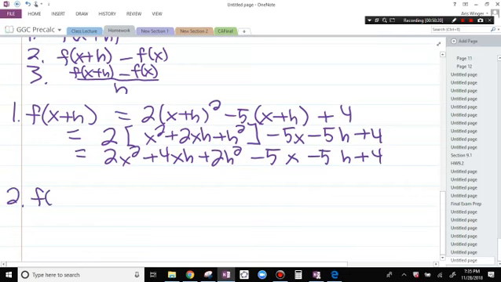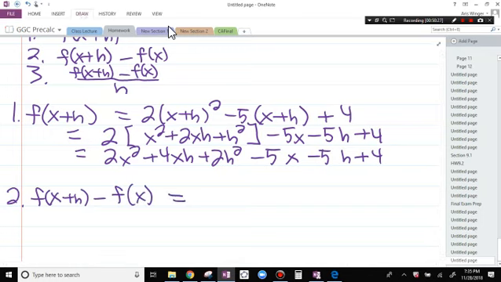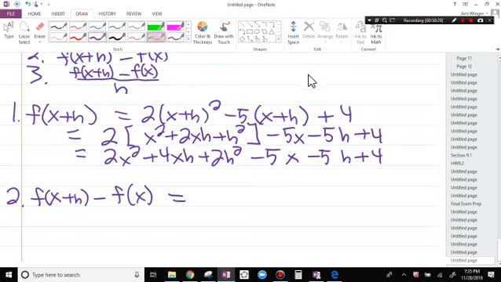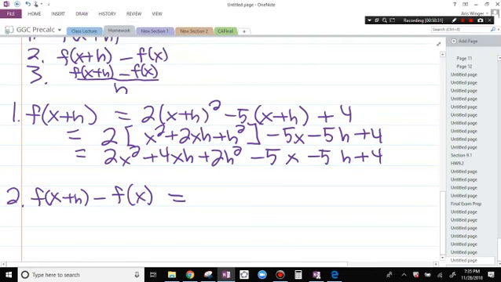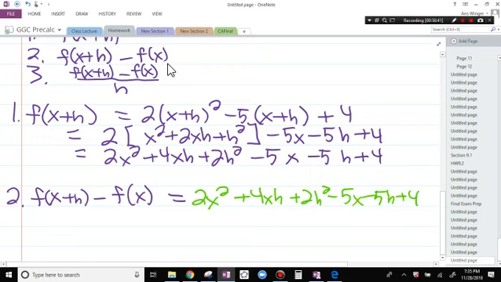Step 2, when you subtract off f of x, I hinted before that all the things without an h should disappear. That's going to be 2x squared plus 4xh plus 2h squared minus 5x minus 5h plus 4, and then it's minus all of f.